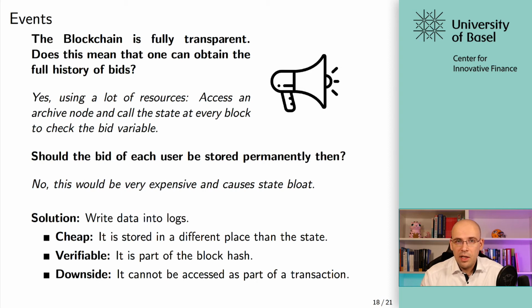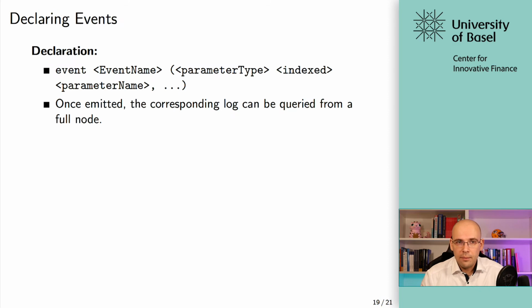And you also have the additional upside that, for example, front ends can subscribe to these events, can listen for these events, and when these events get emitted, then they can respond to it, for example, by refreshing the front end, okay? So how are these events declared? Essentially what you're doing is you declare it by the keyword event, you give the event a name, and then you can have multiple parameters. They are structured in the way parameter type.